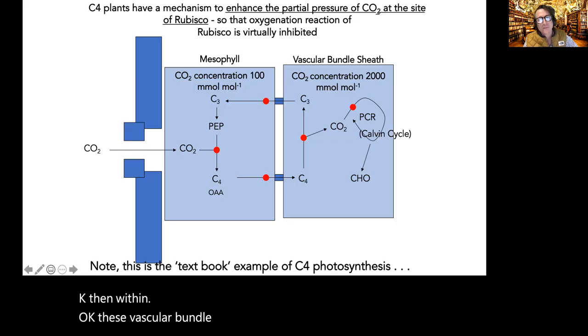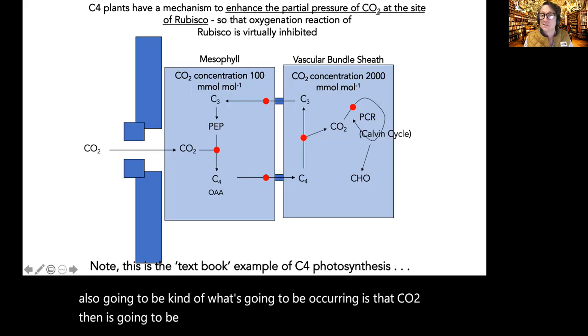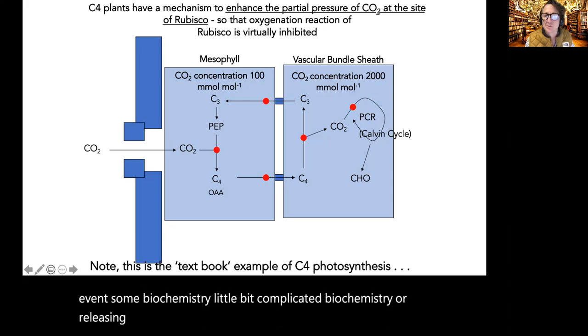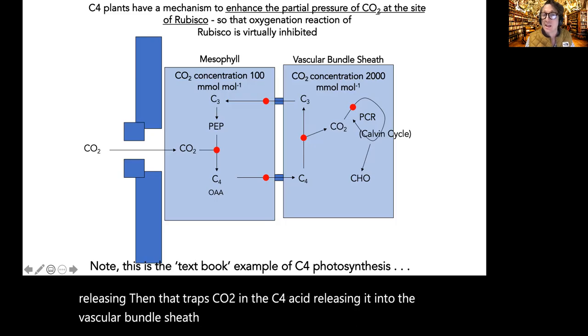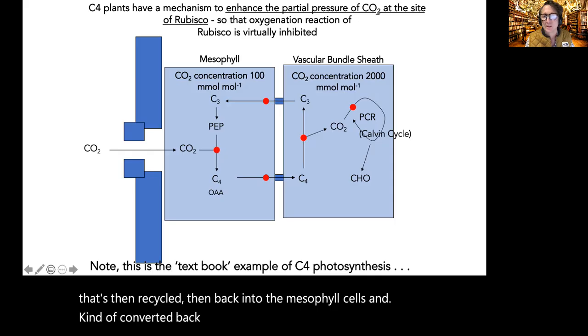Notice what's also occurring is that CO2 is released because we have a decarboxylation event. It's a little bit complicated biochemistry, where we're releasing that trapped CO2 in the C4 acid into the vascular bundle sheath cell. That creates a 3-carbon molecule that's then recycled back into the mesophyll cells and converted back into PEP again to complete the cycle.